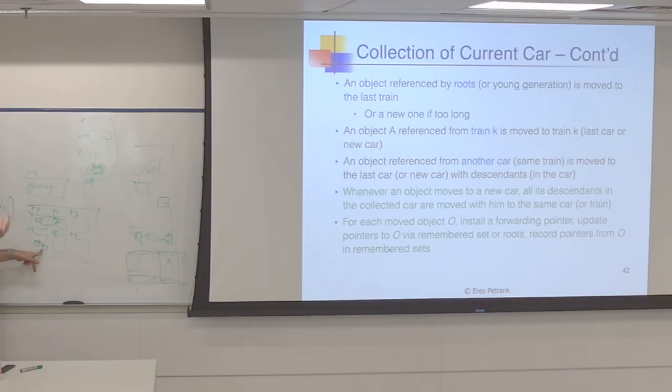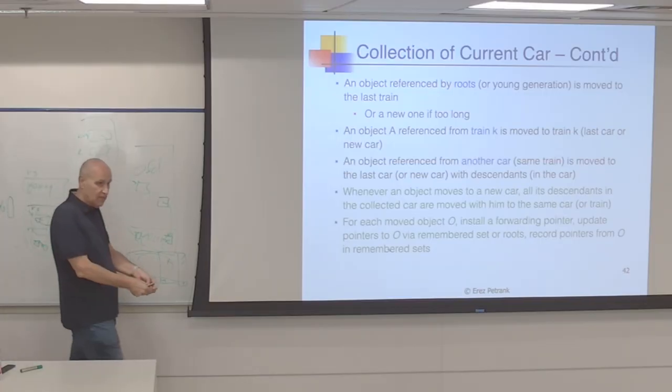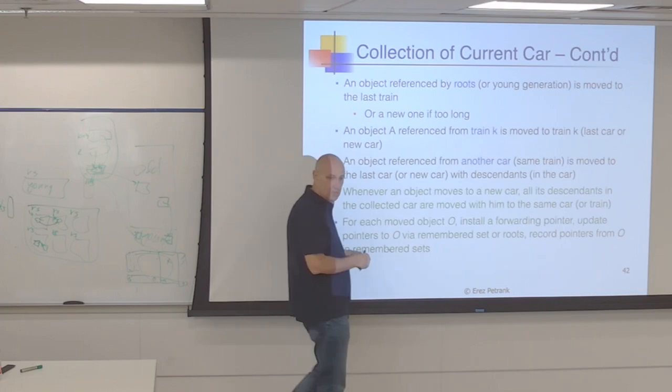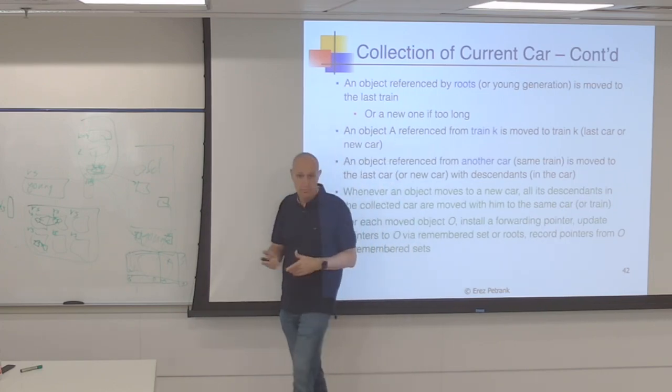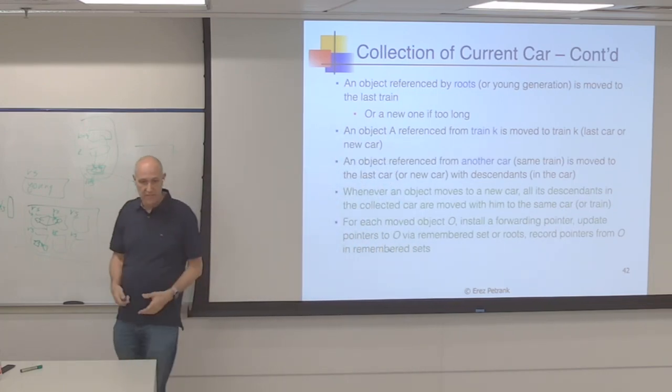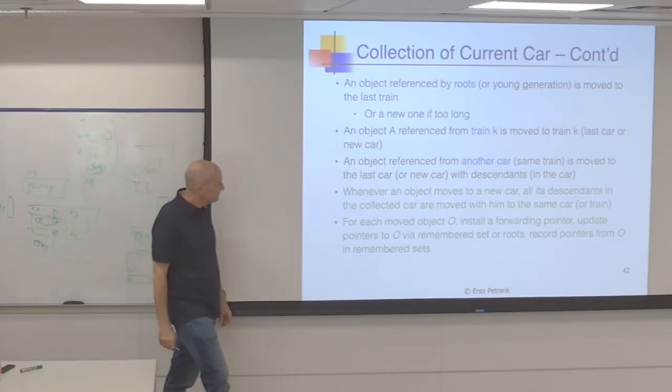But instead of doing all that, if I move this, I take with it everything that's reachable in the same car. I don't go out and back in. I cannot look outside my car because that will take more time. I'm limited to one car, but anything that's directly reachable in that car from the object that I'm moving, I will move with it, just to save time, since it will move in any case.